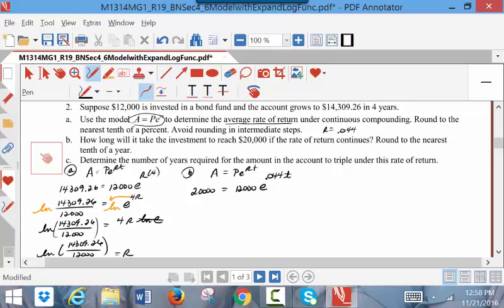We're looking for time t. So we do the same process. We lose the 12,000 by dividing it off. So I'm going to have 20,000 divided by 12,000. Now you can knock out the 3 zeros and not mess up any of your accuracy. And of course 20 divided by 12, you can reduce that to 5/3, which is fine.